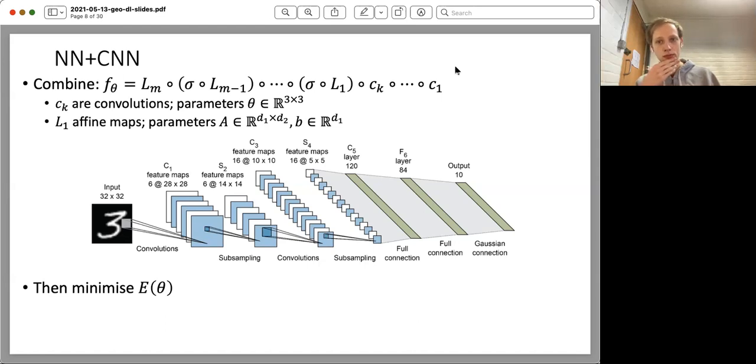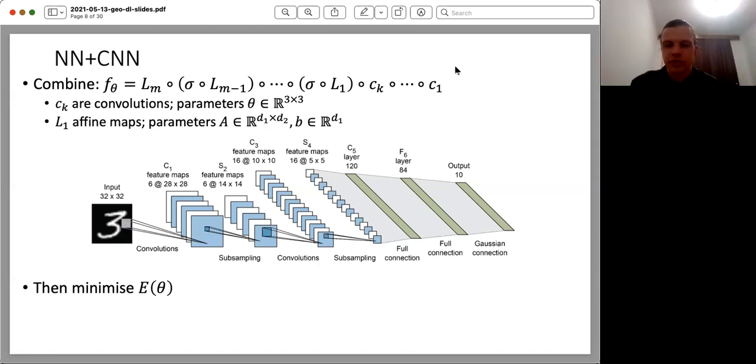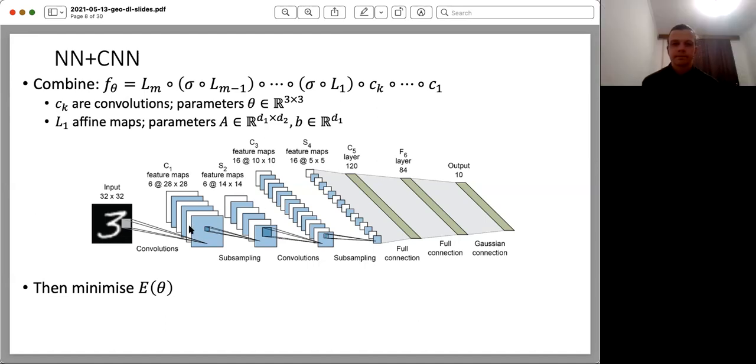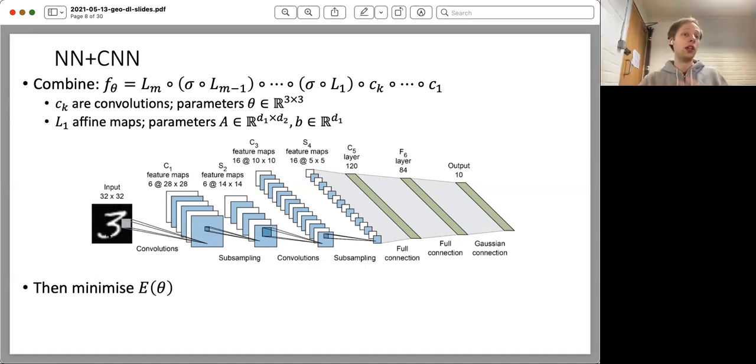So the point is that you start with a matrix and then you forget about it. Thank you for the question. Good thing to point out. And in this example here, you start with an image, and that comes with a natural matrix structure. And it's exactly at this point, after all these convolutions, that you forget about the matrix structure.